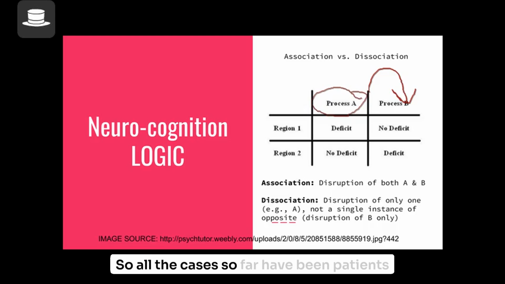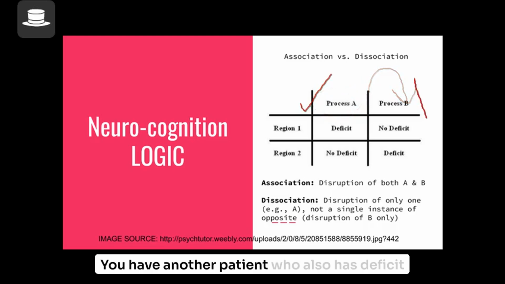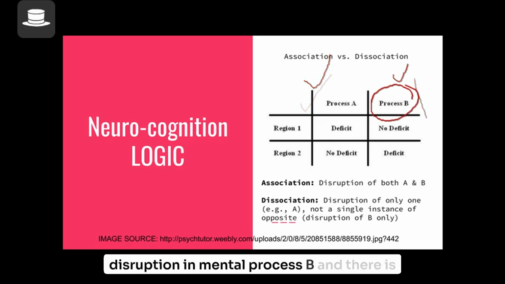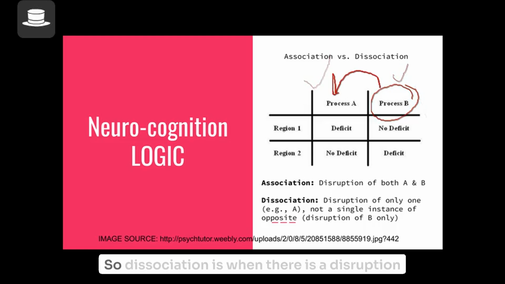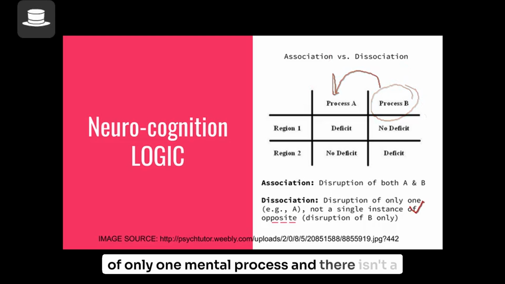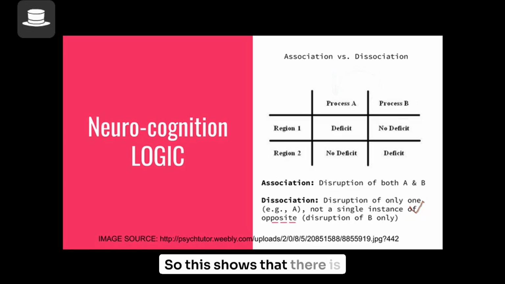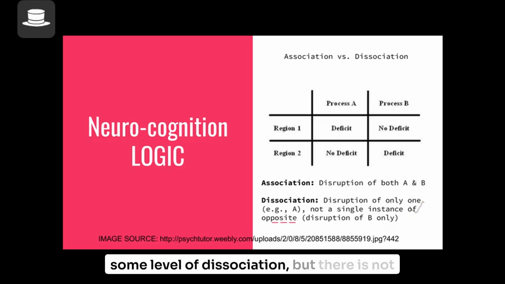So all the cases so far have been patients with a deficit in mental process A, but not mental process B. You have another patient who also has a deficit in mental process A, but no mental process B. There isn't a single case where there is a disruption in mental process B and there is no disruption in mental process A. So dissociation is when there is a disruption of only one mental process and there isn't a single case of the opposite, which is a disruption of B only. So this shows some level of dissociation but there is not complete dissociation. In other words, maybe one mental process is dependent on the other mental process.